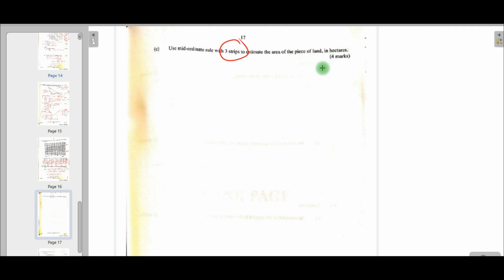So for the mid-ordinate rule, the area will be given by the width of each strip multiplied by the sum of the mid-ordinates, y1 plus y2 plus y3, since we just need 3 strips.